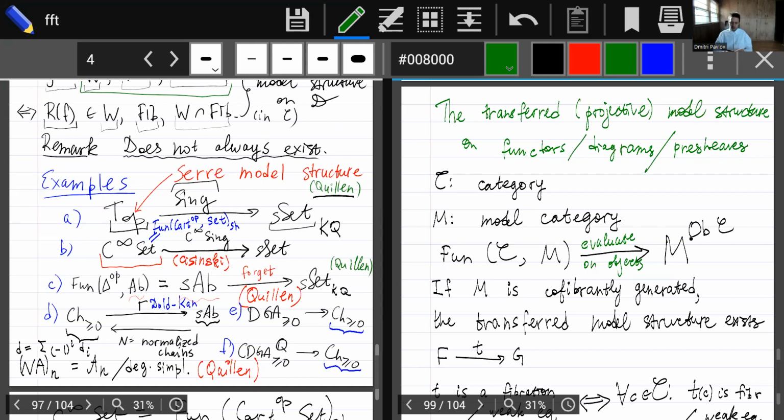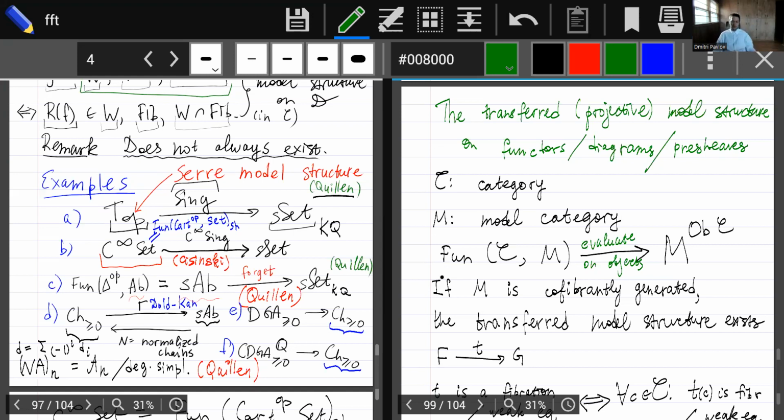In fact, if you are familiar with a tiny bit of universal algebra, you can say that the category of presheaves or functors from C to M can be specified as algebras over a multi-sorted algebraic theory. You may be familiar with one such theory, modules over a commutative ring.